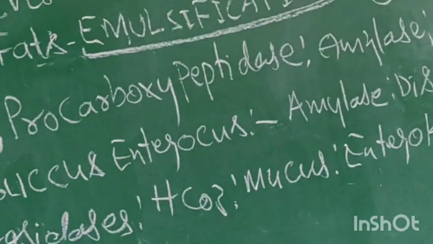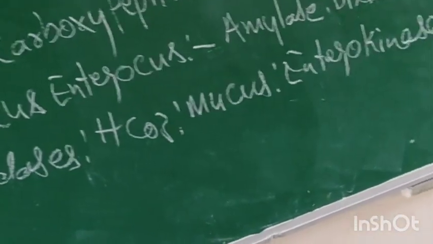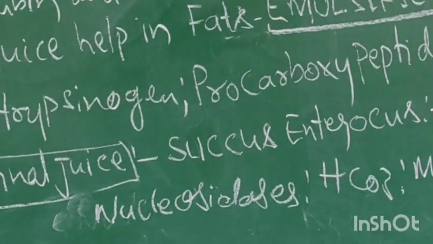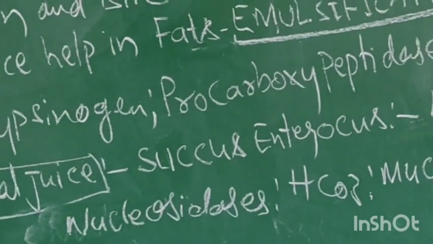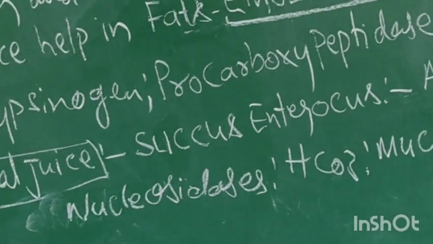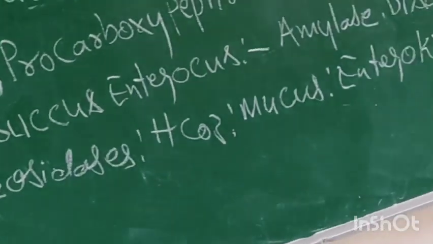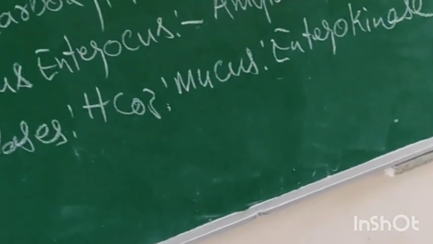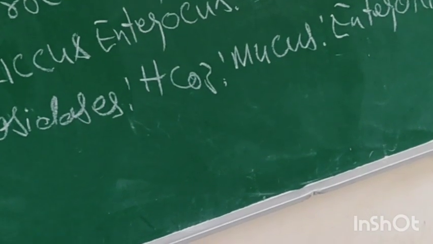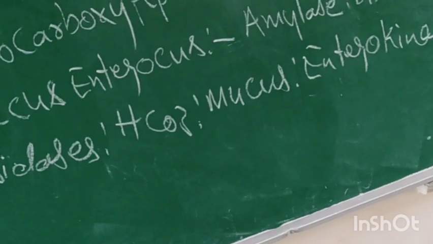I request all the students to keep these enzymes in mind. I can ask the name of an enzyme and the name of the gland. Suppose pepsinogen is an enzyme, present in which juice? All these enzymes, keep in your mind. Without these enzymes, you never understand the process of digestion. Right. Now come to the process of digestion.